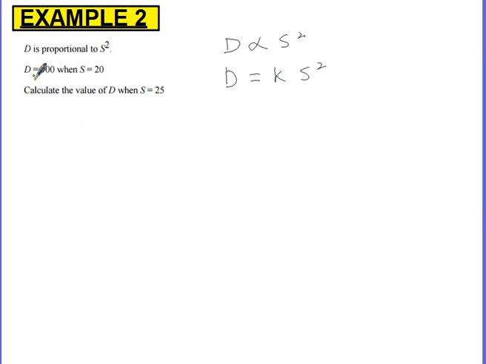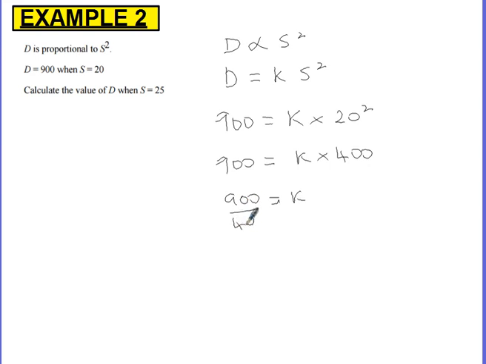We're given two values. D is 900 when S is 20. So we say 900 is K times 20 squared. So 900 is K times 400. So K is 900 divided by 400.